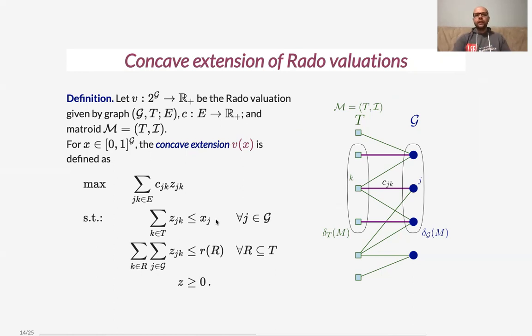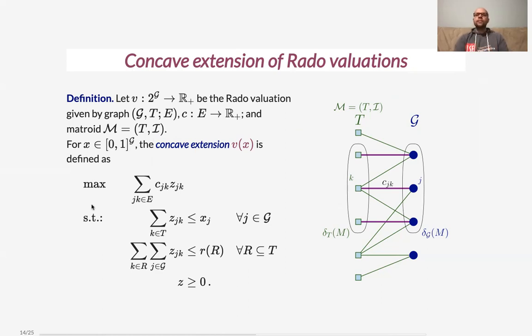A nice thing about this, first of all, is that it is an extension, meaning that for integer points we do recover the Rado evaluation. Second, it is really concave, and this is going to be important for the Nash social welfare problem. And the third nice thing is that we can solve this linear program in polynomial time.